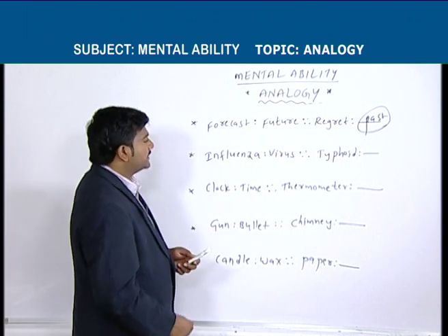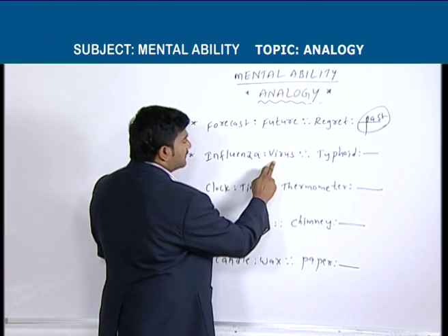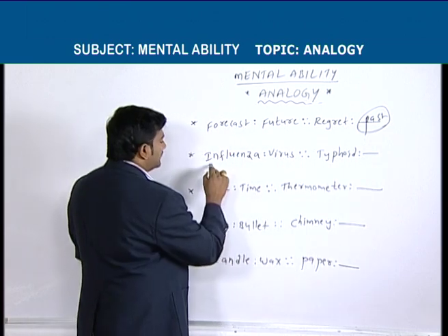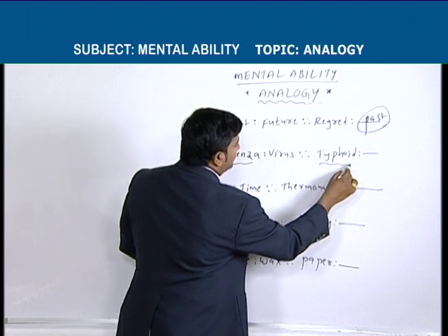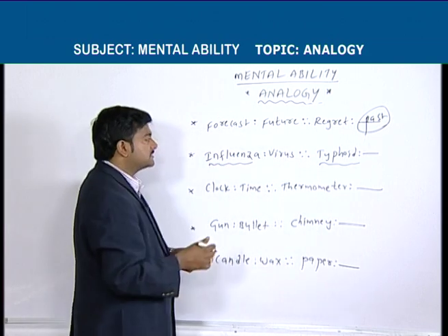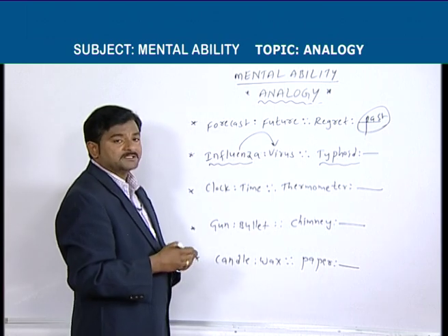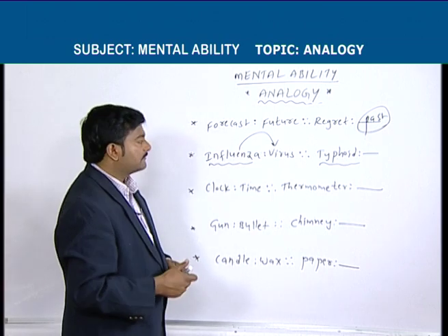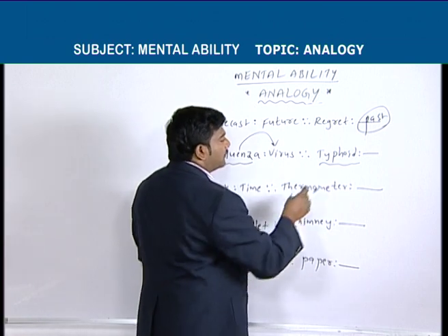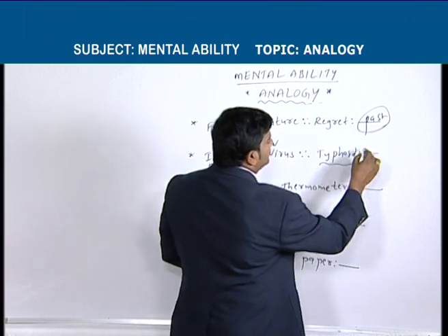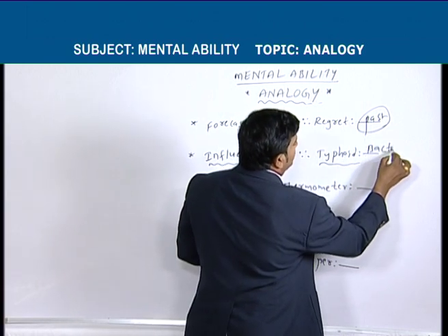Now observe here: influenza is to virus as typhoid is to dash. This is clear. Influenza is a disease, typhoid is also a disease. What does it mean? The disease is caused by a virus. Influenza disease is caused by a virus. Similarly, typhoid is caused by bacteria.